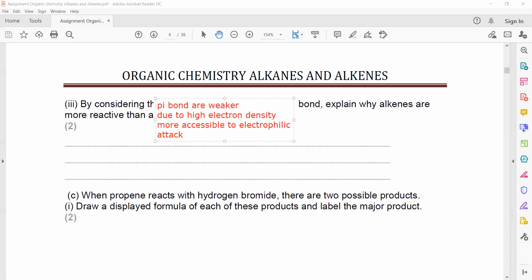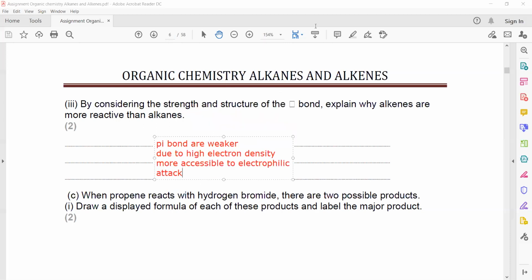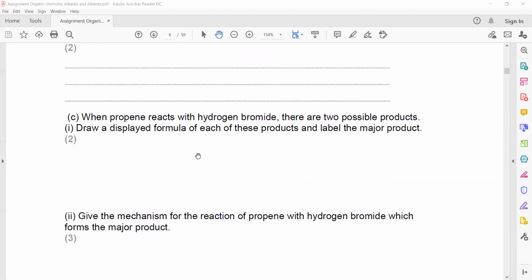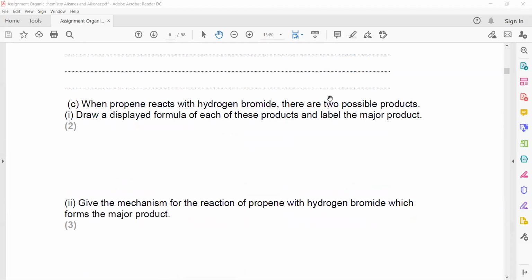Means the electrophiles can easily be attracted towards the pi bond. The next part: when propene reacts with hydrogen bromide, there are two possible products. Draw a displayed formula of each of these products and label the major one.